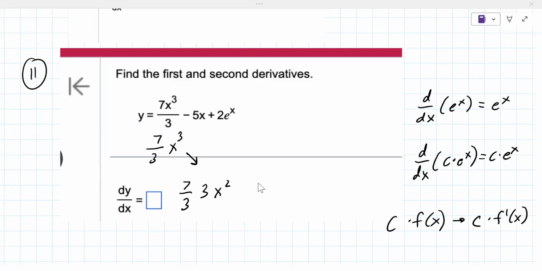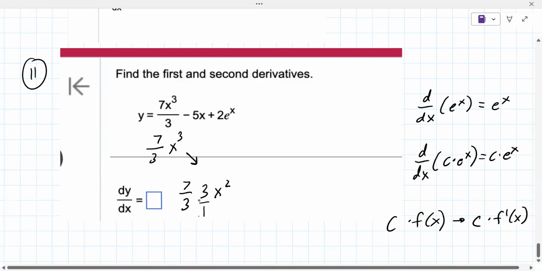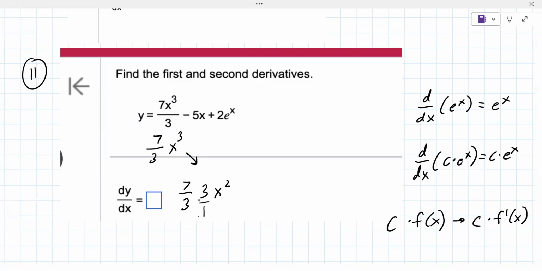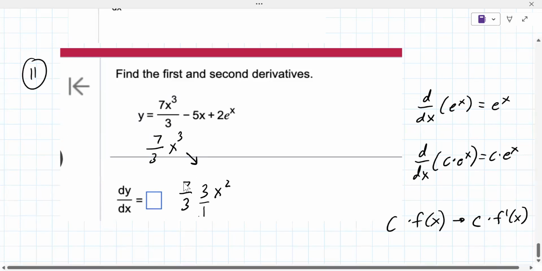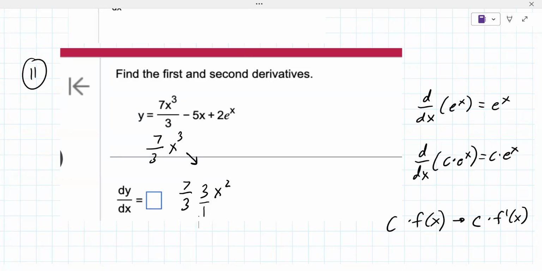When you're multiplying fractions, do you put 3x squared over 1, or do you multiply both of them by 3x squared? Just 3 over 1. You can either multiply 7 times 3 and then divide it by 3, or you can divide first. But probably better if you just do 7 times 3 divided by 3.